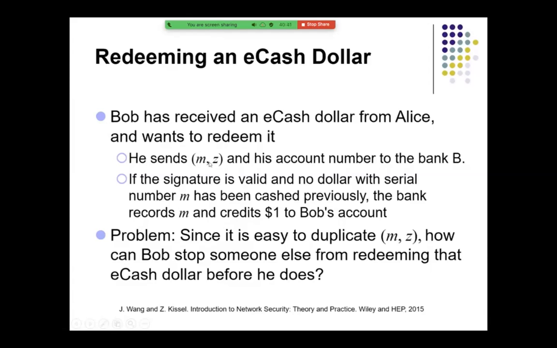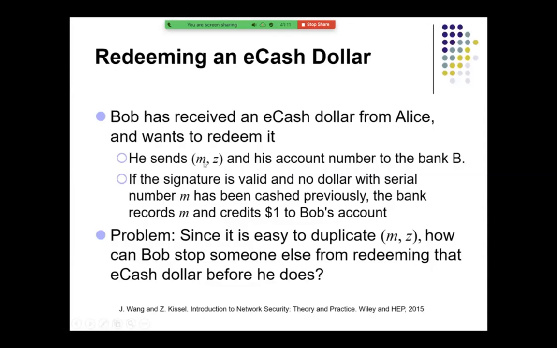And obviously the bank doesn't know who created this M either, because when the bank signs it, the bank doesn't see M. What it sees is X. So nobody knows who created M, and nobody knows the prior owner of M. So now Bob is the current owner.